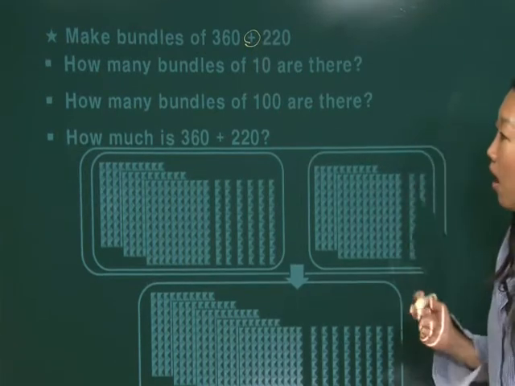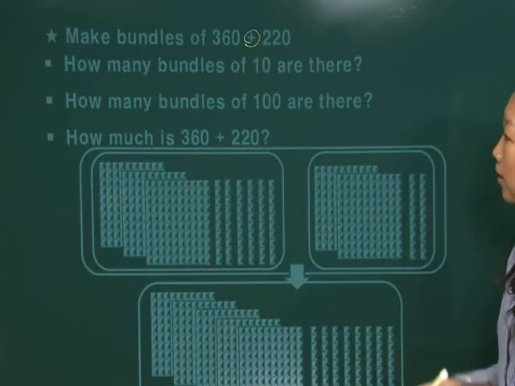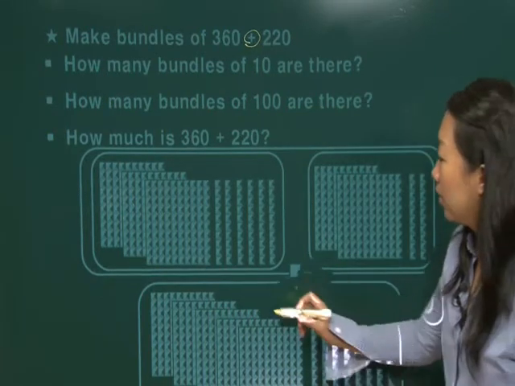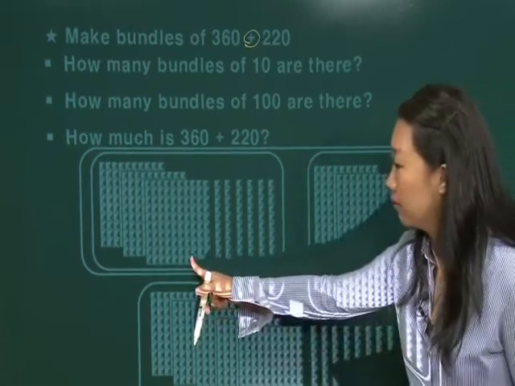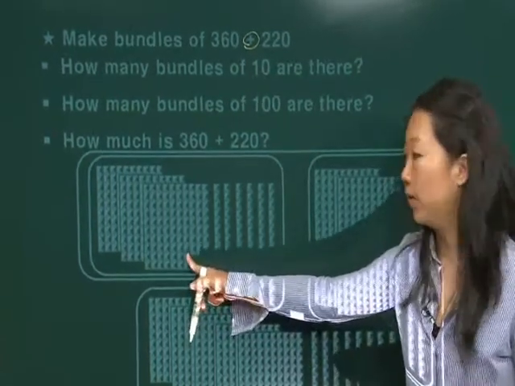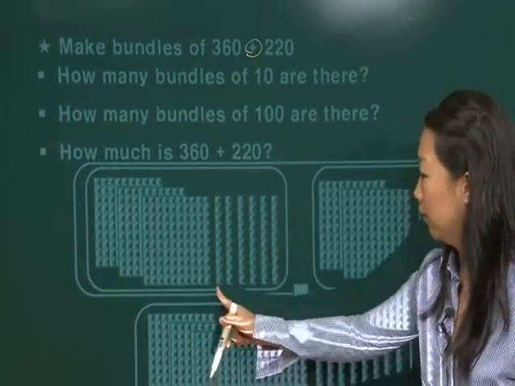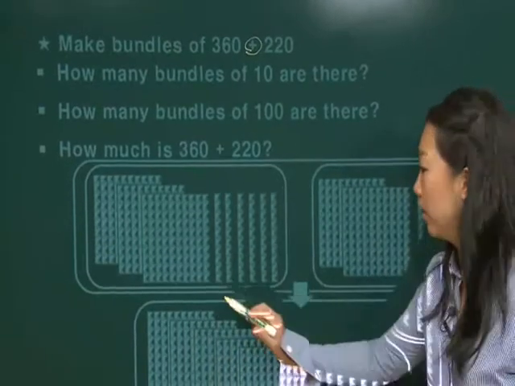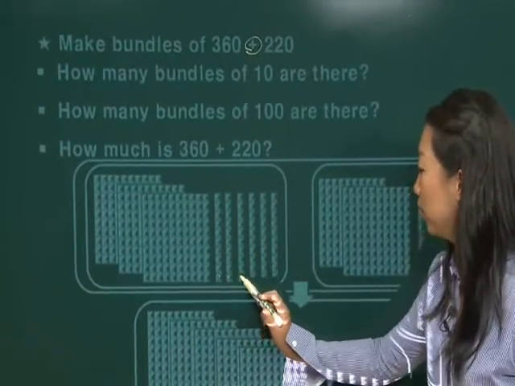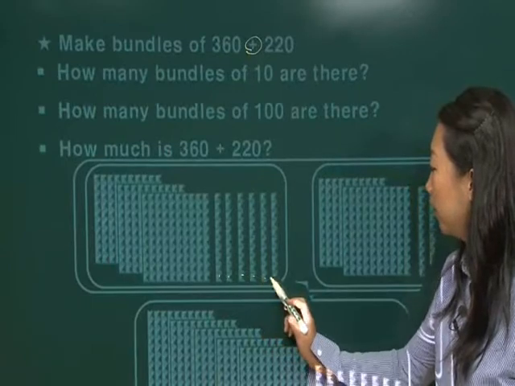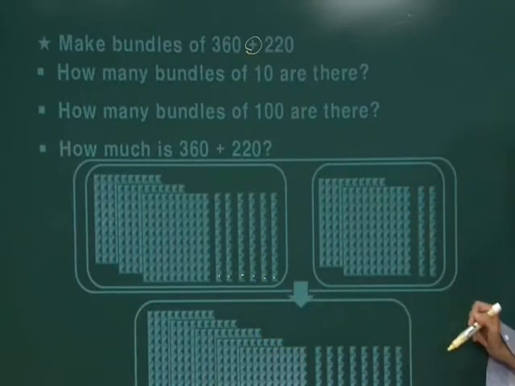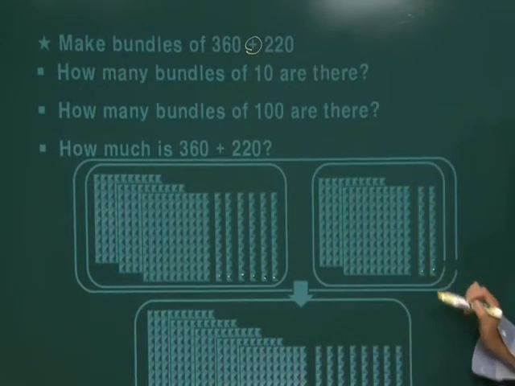So how about if we read our first question? It says, how many bundles of 10 are there? Is this the bundles of 10? No, right? These are the bundles of 100. My bundles of 10 are these ones. So let's count. We have 1, 2, 3, 4, 5, 6. And here I have more, right? 7, 8.